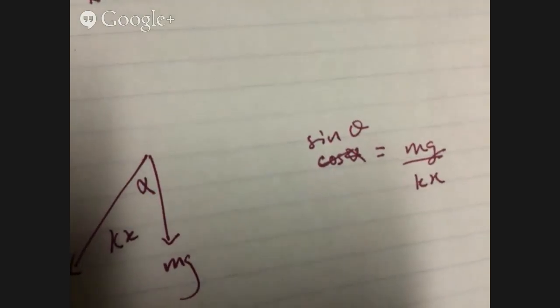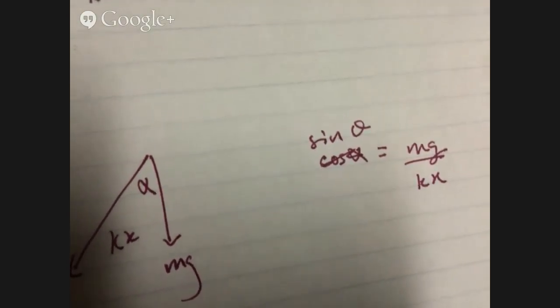So sine theta equals mg over kx. No, no, no. That's not a relationship. I mean the forces are not related by that angle. You cannot do geometry based on those forces. Oh, okay. Then I don't really know what to do.